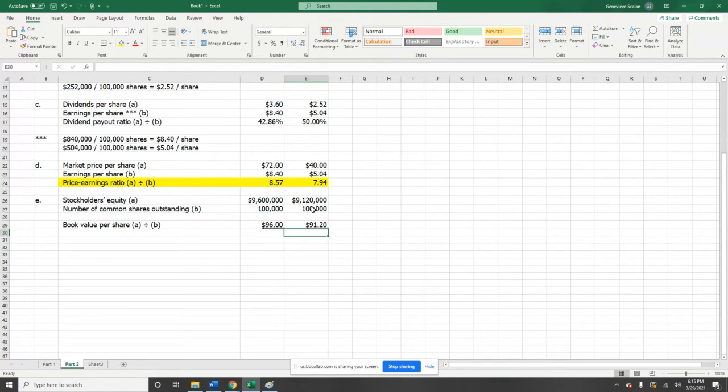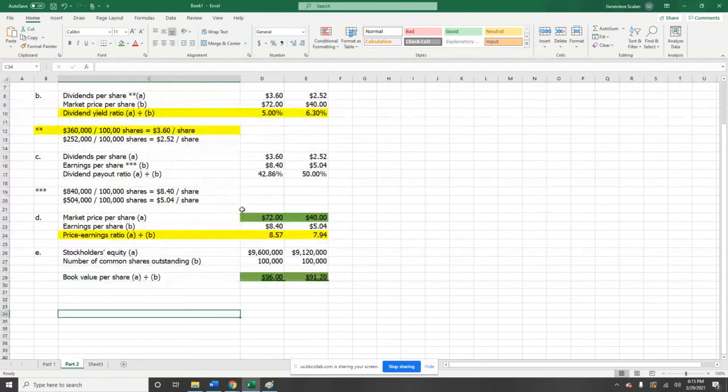This is kind of interesting, kind of indicative. If you look here, what people are paying for this stock is $72 per share and $40 per share, but its actual book value is $96.91. So people are kind of not thrilled about this stock.